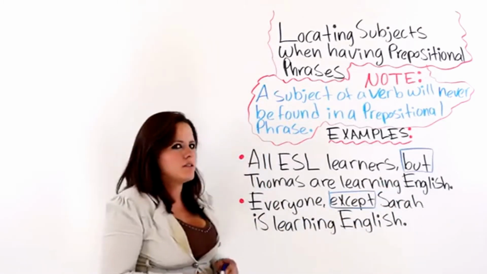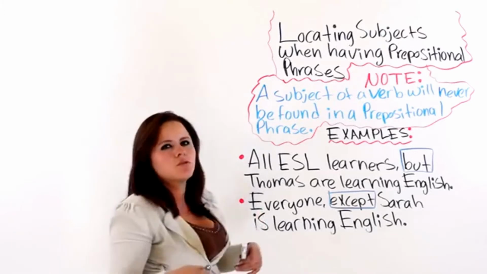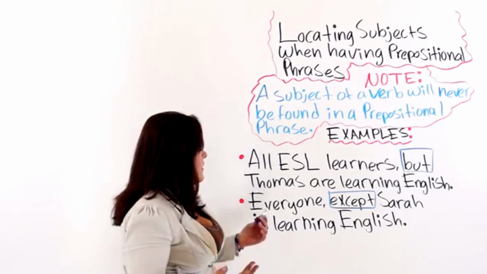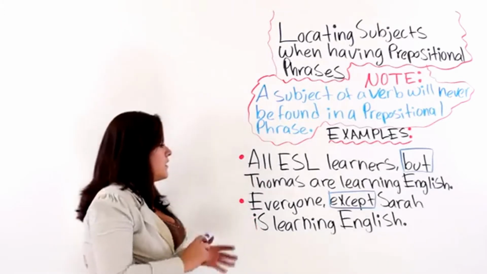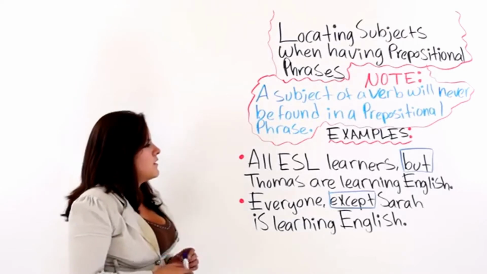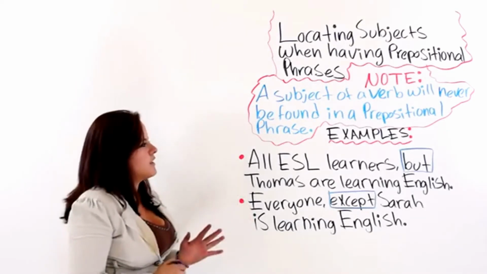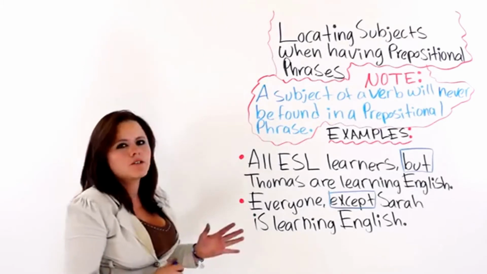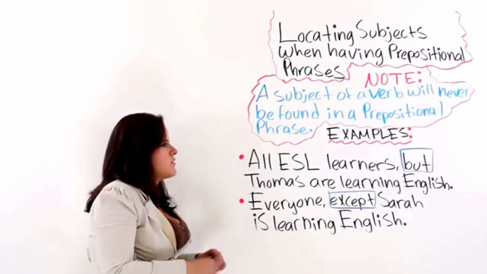And it can also be a preposition when used, for example, to make an exception. For example here, all ESL learners but Thomas are learning English. Okay? But Thomas, it is not working as a conjunction. Well, it could be working as a conjunction also, but it is also to make an exception. So this makes it a preposition.